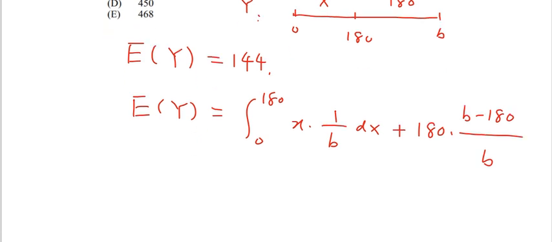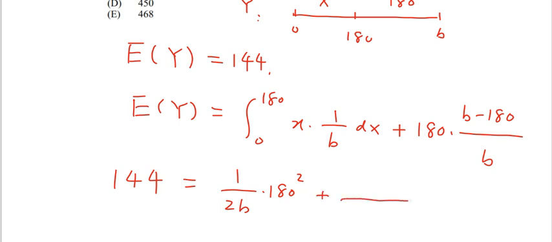So we can get this equation: 144 equals 180 squared over 2b, plus 180 times (b minus 180) over b. Solve this equation and we can find b.